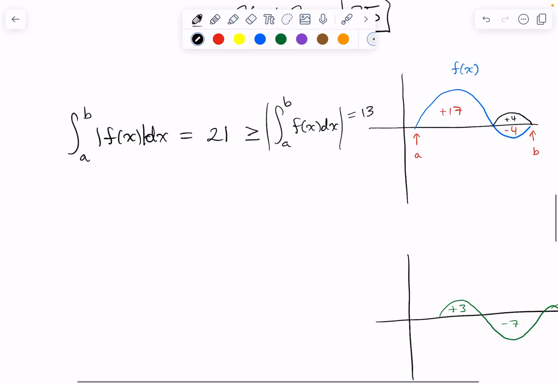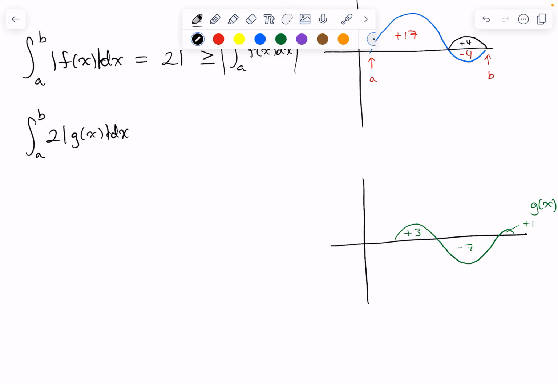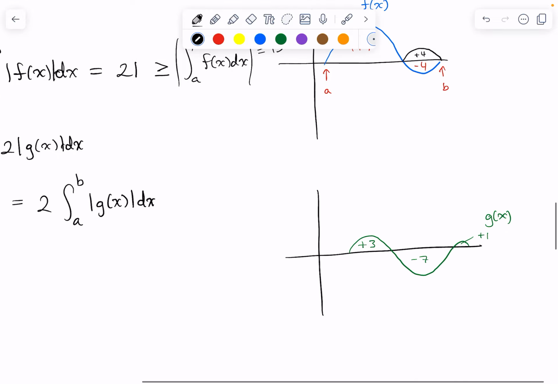Okay. What if I were to ask you, what is the integral from a to b of 2 times absolute value of g of x dx? Well, in this case, right, we'd be referencing that graph, but we'd also want to factor out the 2. Right, let's pull the 2 out. And then let's focus on, okay, what would this integral give me as an answer?